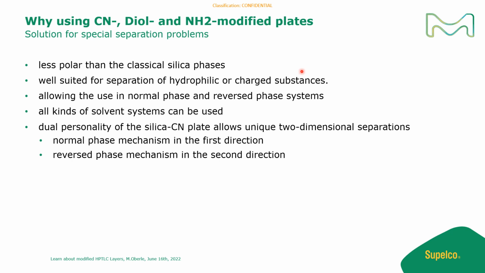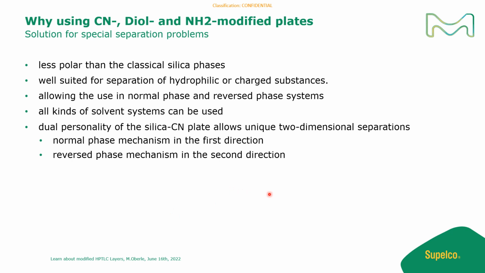They close the gap between the classical phases and the reverse phase layers. So they are well suited for the separation of hydrophilic or charged substances. And they allow us to use a normal or a reverse phase system. So it's more flexible, and all kinds of solvent systems can be used.